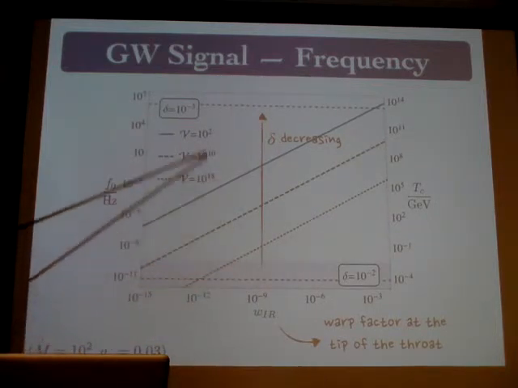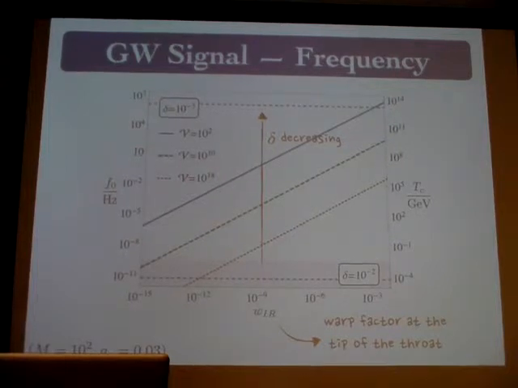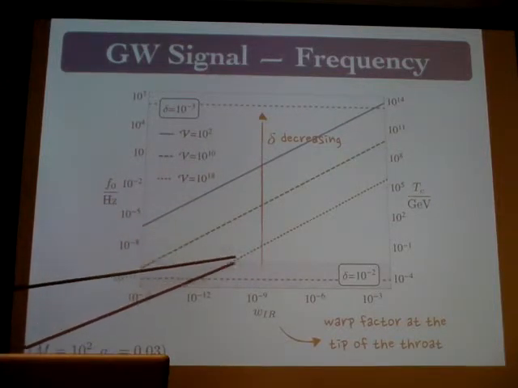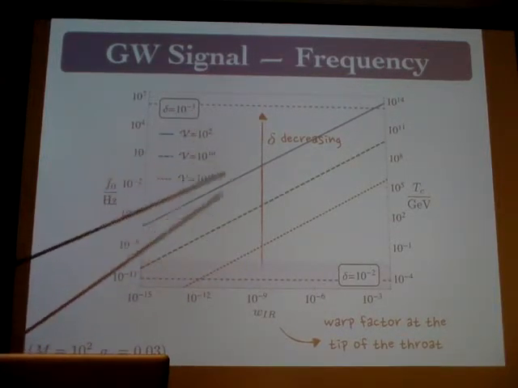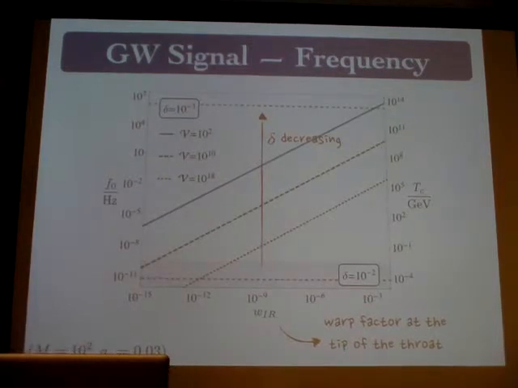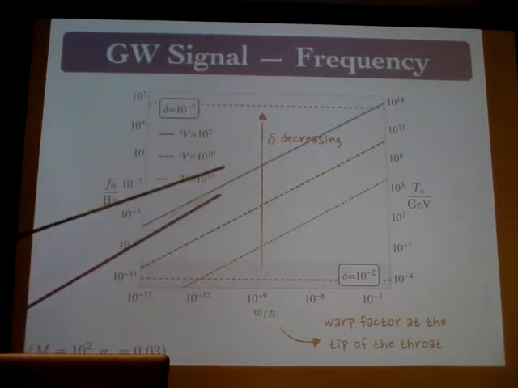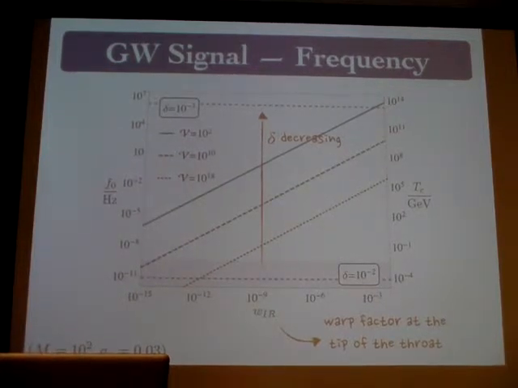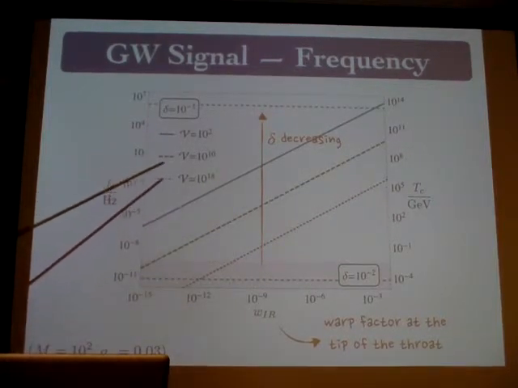so as this parameter delta, so remember the delta parameter is just telling us how far we are from the critical situation in which there is no barrier in the potential. So as I take this delta smaller, which means the barrier height is smaller, the frequencies are higher, which makes sense because if you're very close to the critical situation, you only need to drop the temperature a little bit for your nucleation probability to start becoming order 1.